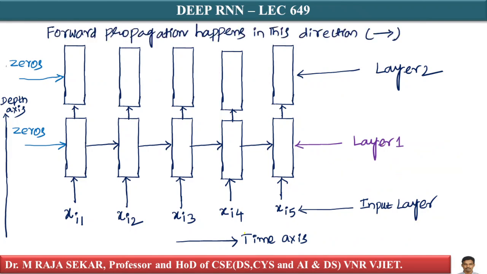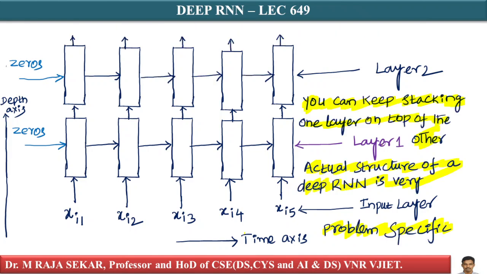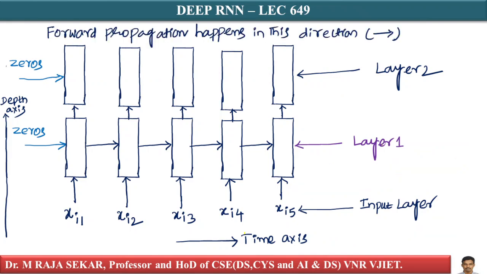Back propagation and forward propagations are very simple. In whichever direction your arrows are, your forward propagation happens. Just see, your forward propagation happens in this particular direction.